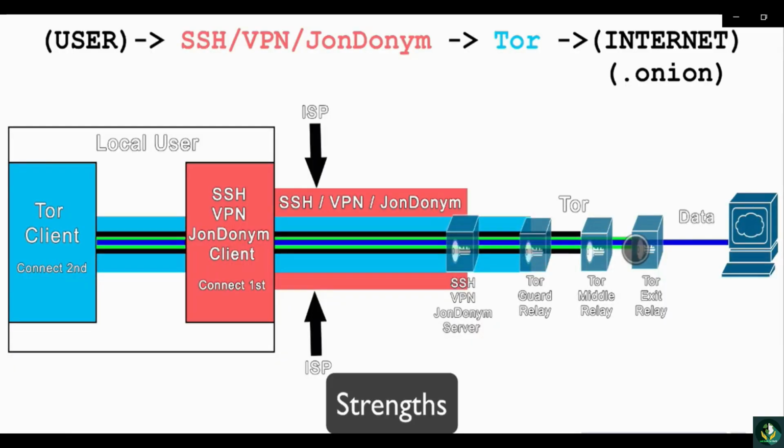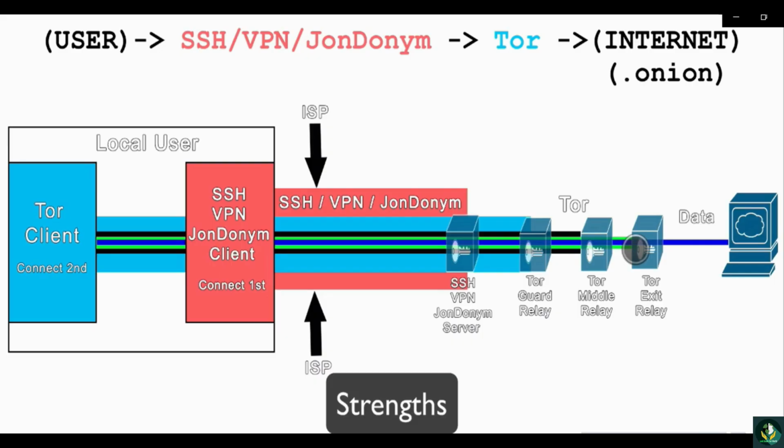So this is how an ISP helps a local user, VPN, to gain data using Tor through SSH, VPN, John Doe nym server, or Tor guard relay, or Tor middle relay, Tor exit relay.